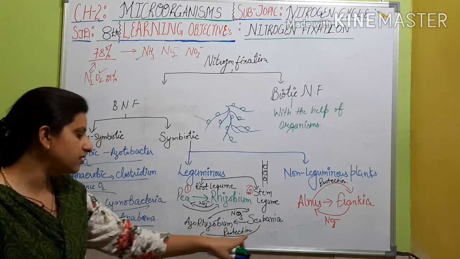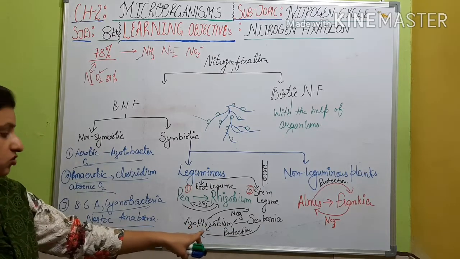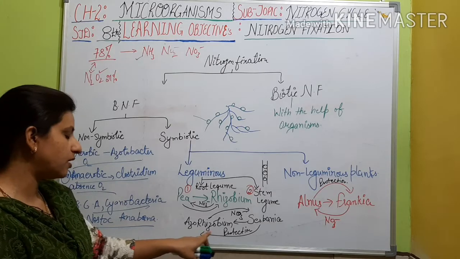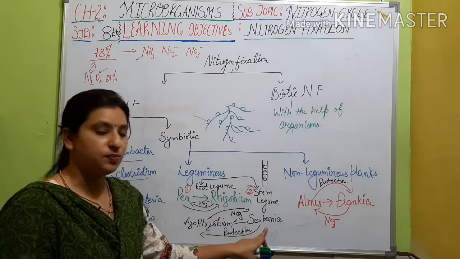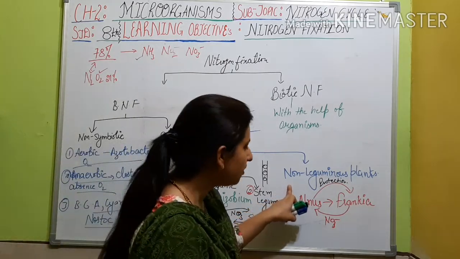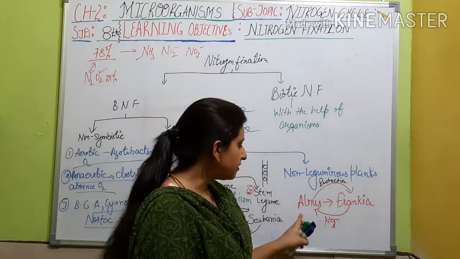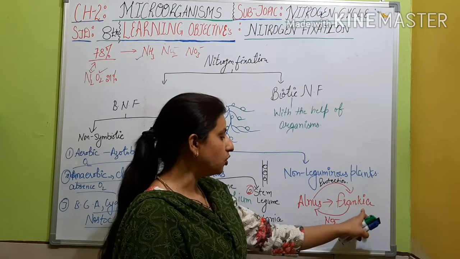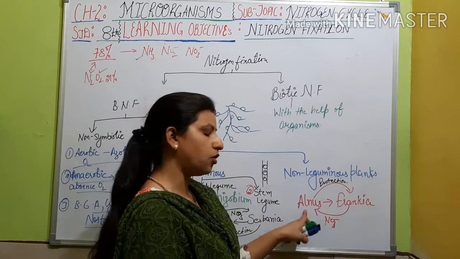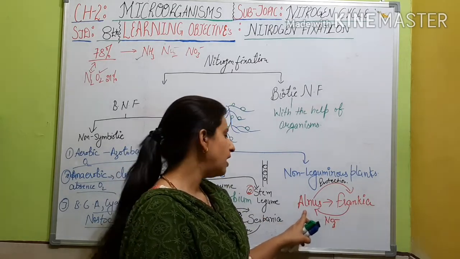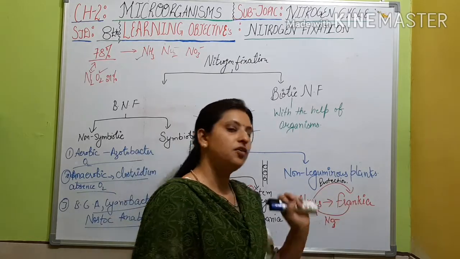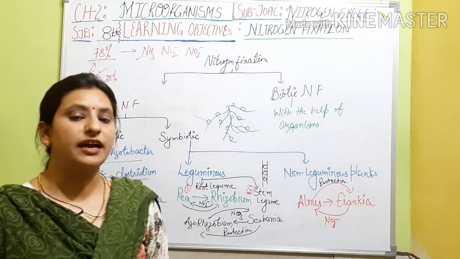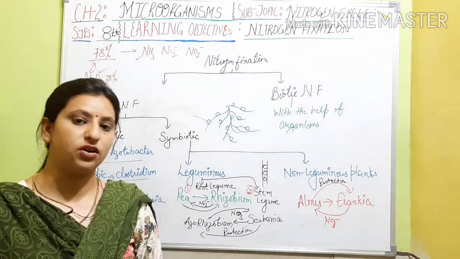Sesbania has Azorhizobium, which fixes atmospheric nitrogen in the form of nitrate, and Azorhizobium receives protection from the Sesbania. In case of non-leguminous plants, Alnus is there, and Alnus has the bacterium Frankia in the nodule, and Frankia will fix the nitrogen in the form of nitrate, that is usable form, and Alnus will give protection to the Frankia. So this is all about nitrogen fixation, how nitrogen is fixed.